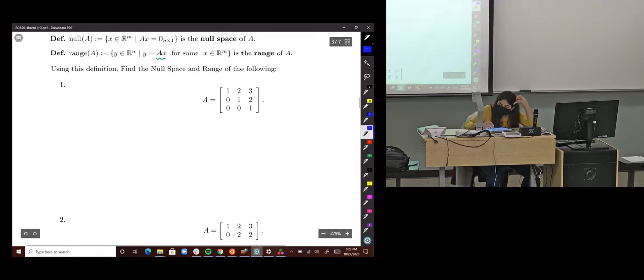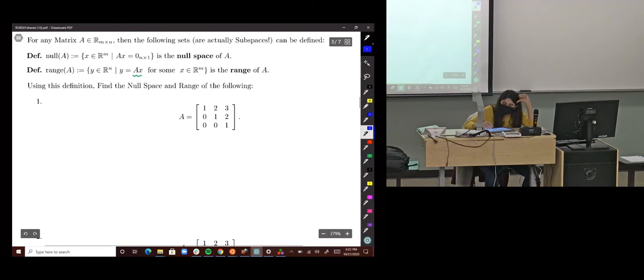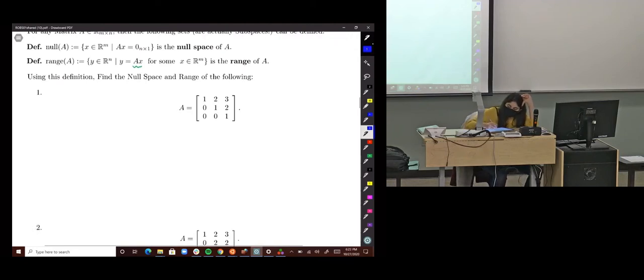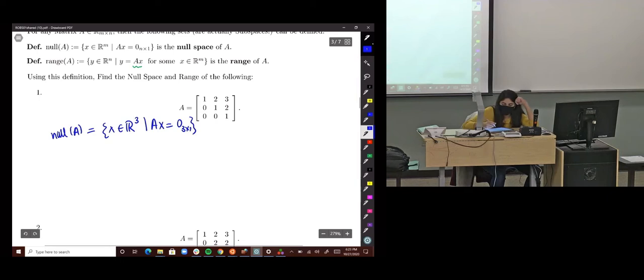So we can look at an example. I think this is from the book. Let's try to find the null space of A, where A is this given matrix. When we're trying to find the null space of A, it is equal to x in R^3, the number of columns of A, such that A of x equals the 0 vector, in this case 3 cross 1.